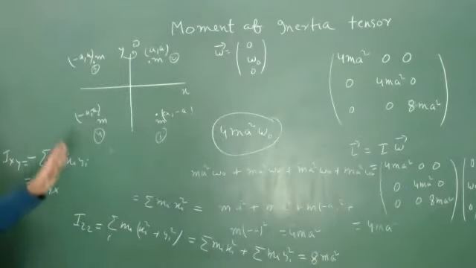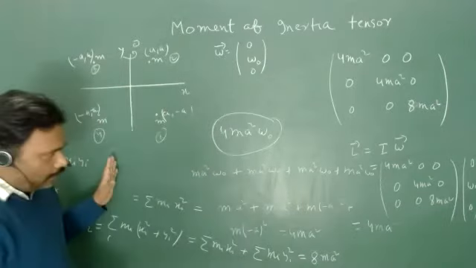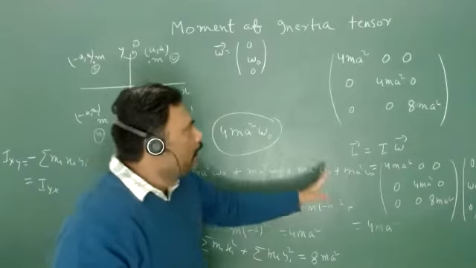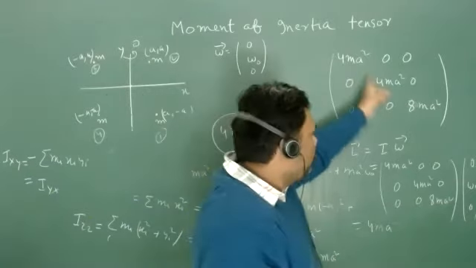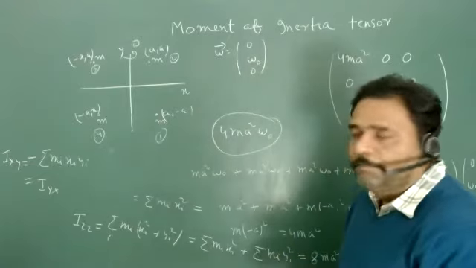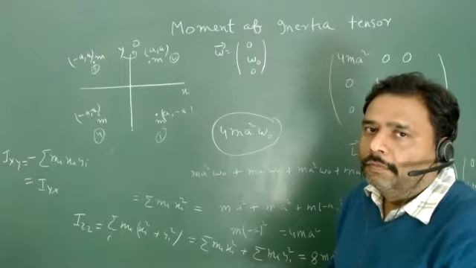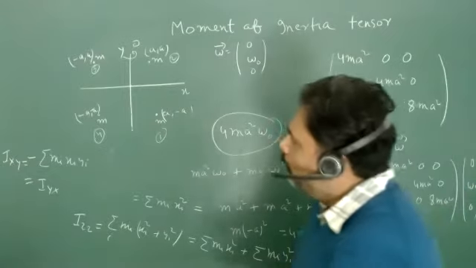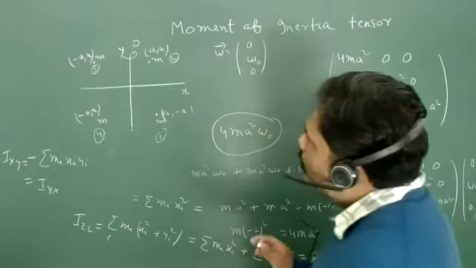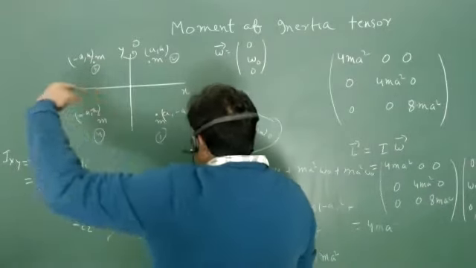Now, how can we get this particular thing? Because we have seen that this is a diagonal matrix. So if this is a diagonal matrix, there is not any problem. Now what will happen if you are rotating about this axis?